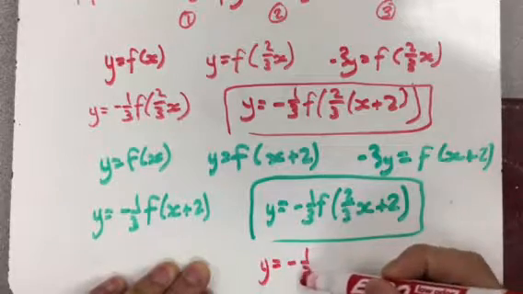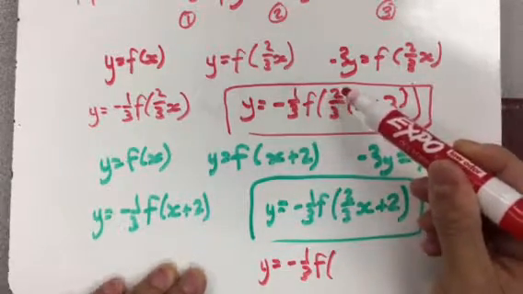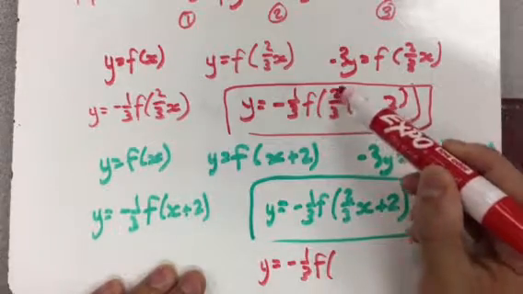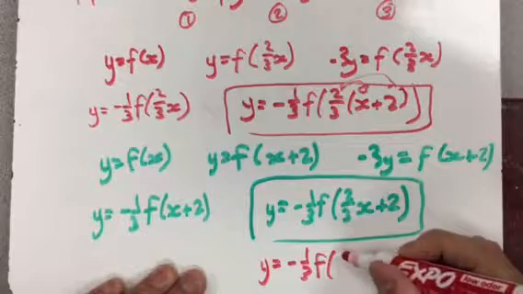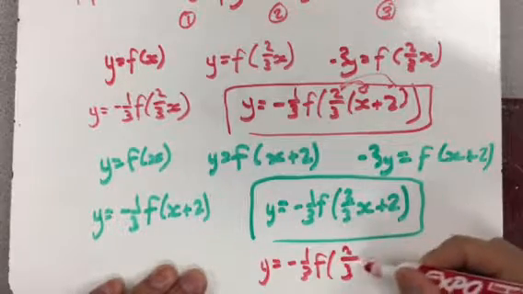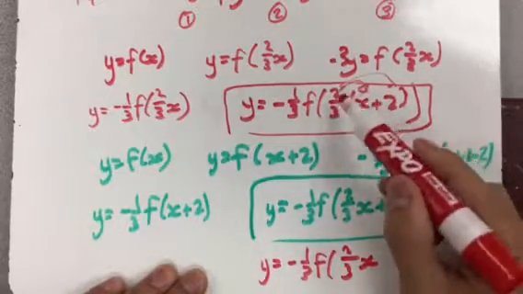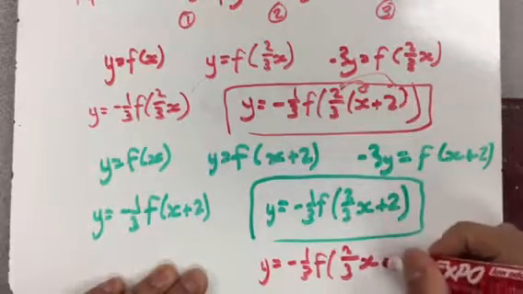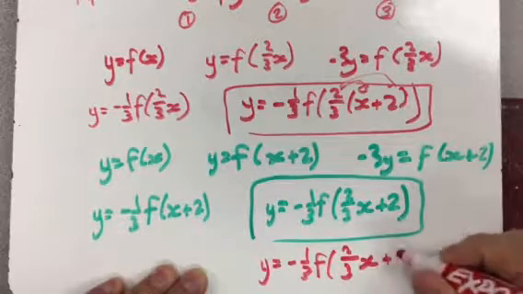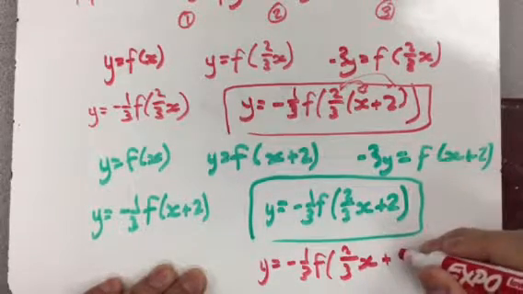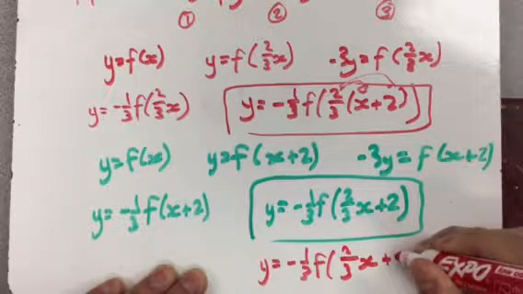So I end up with 1/3 f, but if I have this 2/3 as a coefficient, I need to distribute it into my brackets here. And once I distribute it, I'm going to end up with 2/3 x, which is the same. So far so good. But 2/3 times 2, we're going to end up with 4/3. Or sorry, we're going to end up with 3 once we simplify.